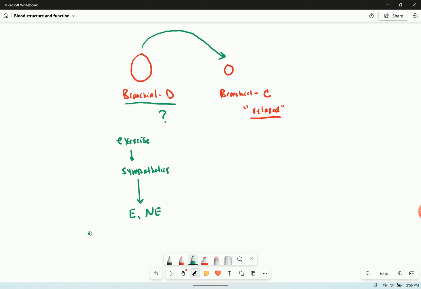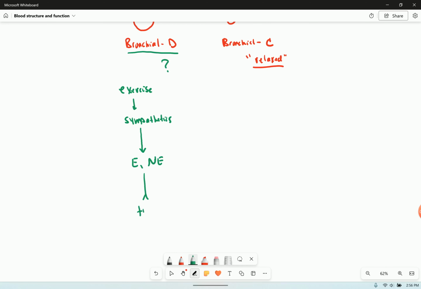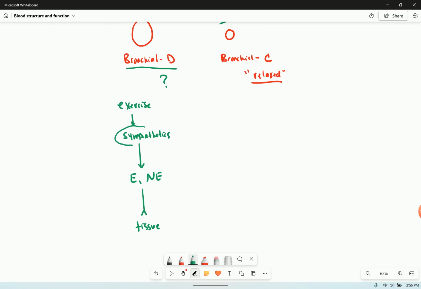These are neurotransmitters, and when they hit tissue, they tell tissue to do something in the fight or flight category, the sympathetics. So if you are running, which is a form of exercise, obviously your heart rate's going to go up, breathing is going to go up, the lungs will bronchial dilate, and you'll have better gas exchange. So when we exercise, we are putting ourselves in a sympathetic stimulation, which is actually a good thing.